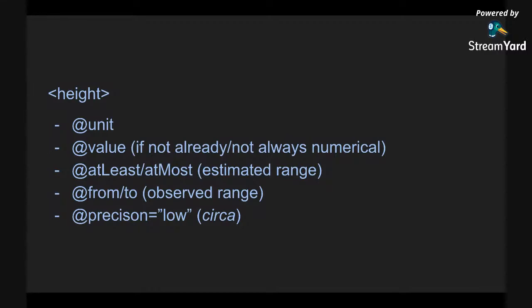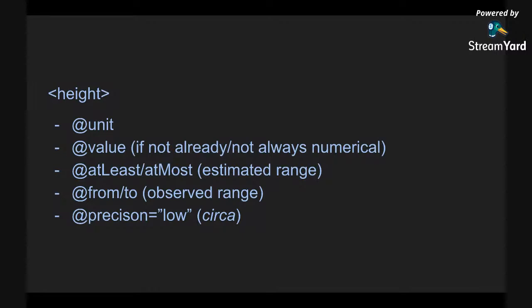If you want numerical values which are not necessarily specific, you can use the at least and at most attributes, which give you an estimated range. The letters are about 5 to 8 millimeters high, or if what you're saying is not that we're talking about an approximate range, but we're talking about the observed range, we can say from and to.